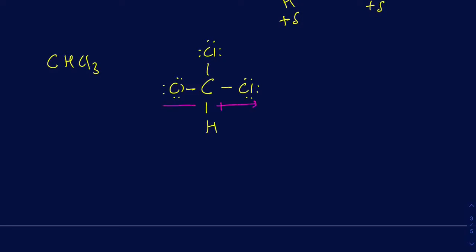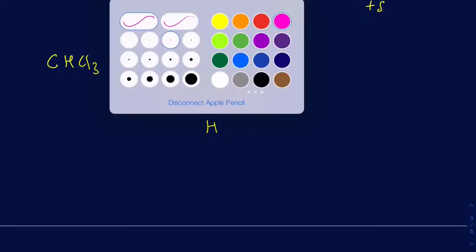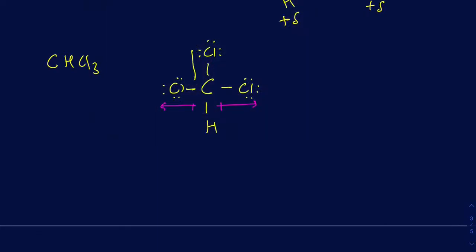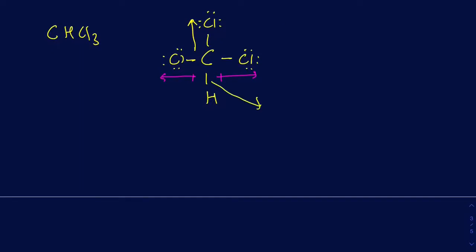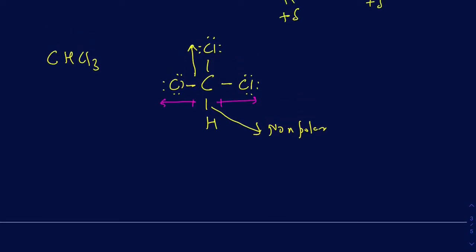You can see the left dipole and right dipole may cancel one another out. But then you do have a bottom dipole that's going to the top. But this carbon-hydrogen bond is actually nonpolar. And since that bond is nonpolar, you don't have anything to balance out this dipole that you have created between the top chlorine and the carbon.